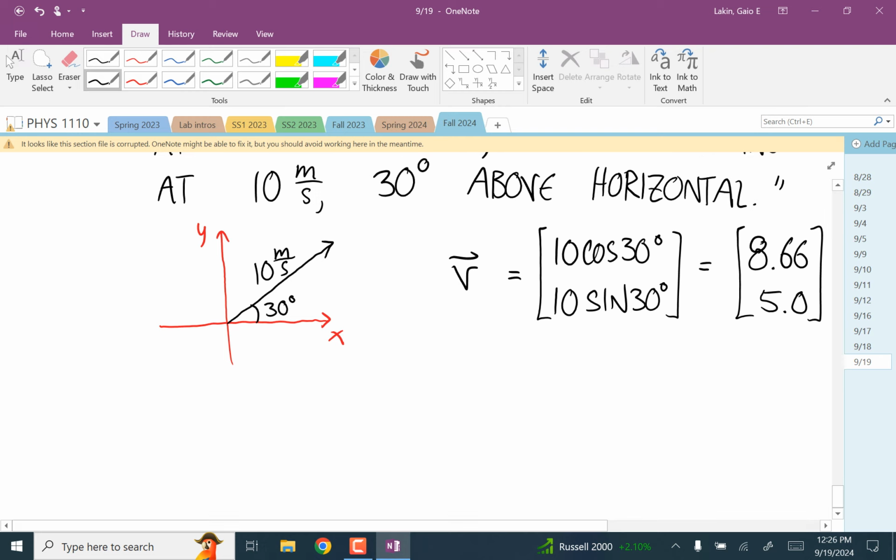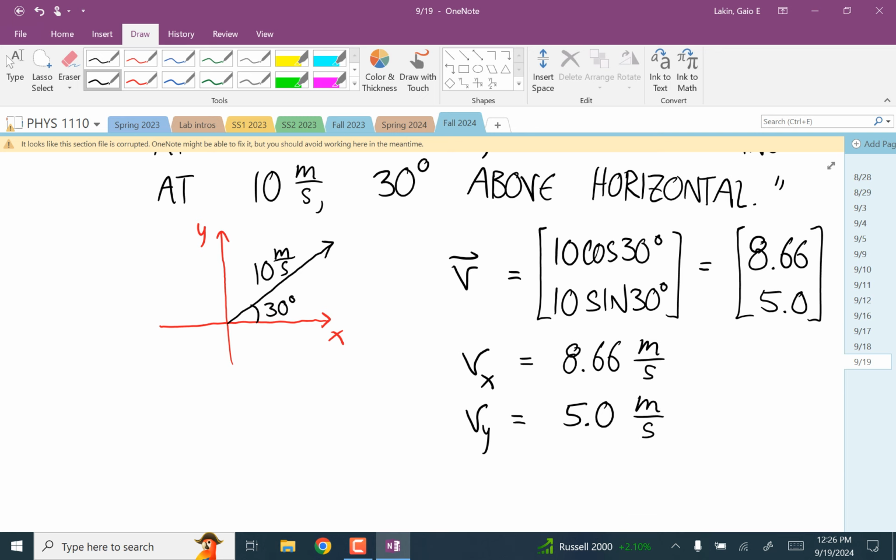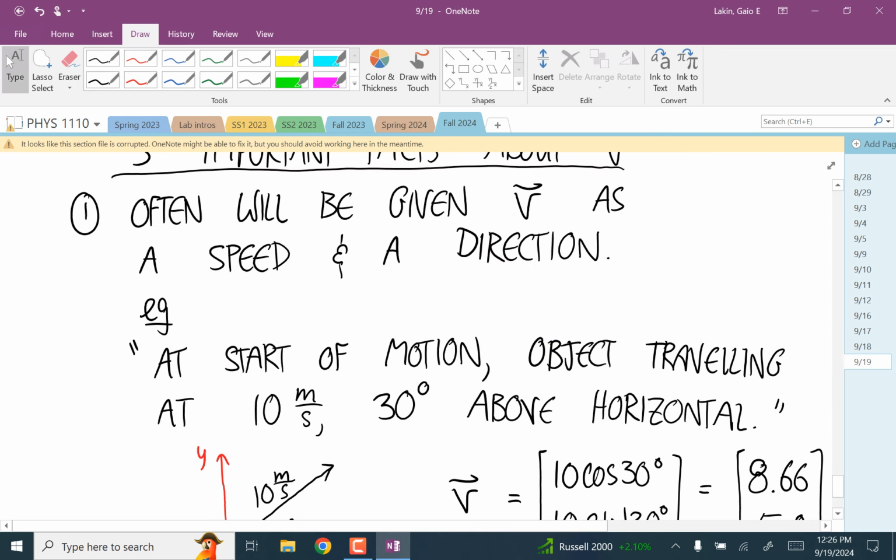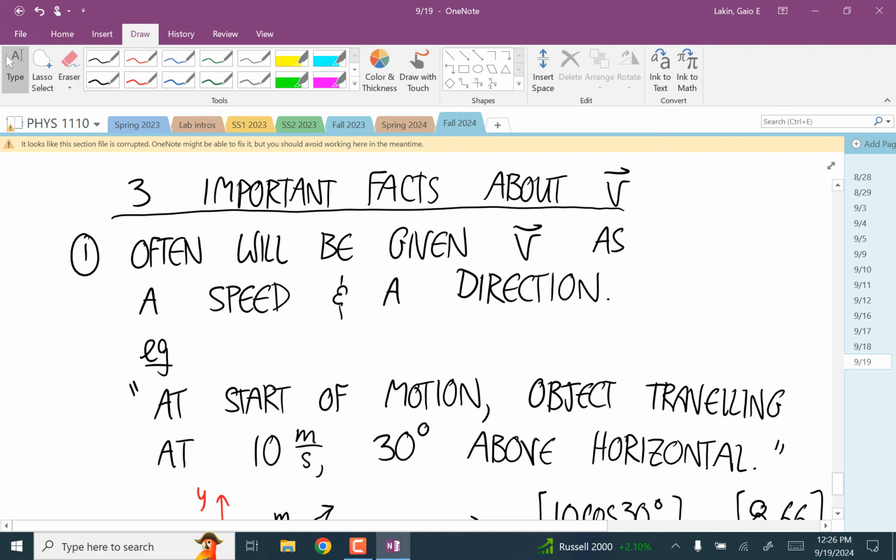So we would then use this in equations as v sub x, the x component here, is equal to 8.66 meters per second. And v sub y is equal to 5.0 meters per second. Okay, so that's the first thing that you need to remember about the velocity.